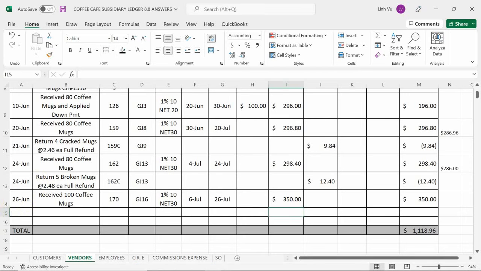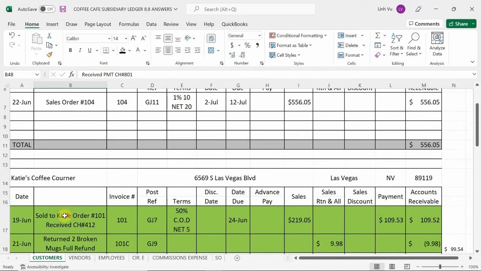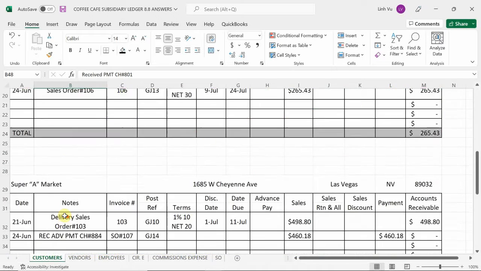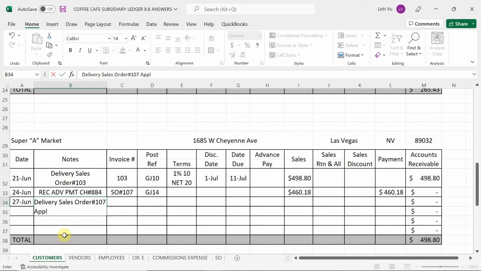to update Super A's account. Okay, so Super A should be right here. Today's the 27th, right? You're going to say delivery, sales order number 107, applied advanced payment to invoice.